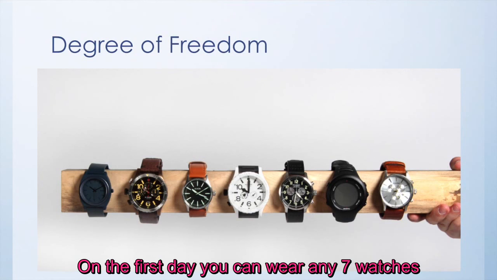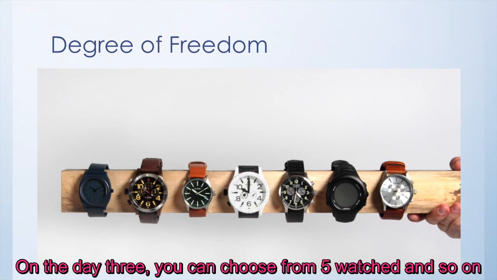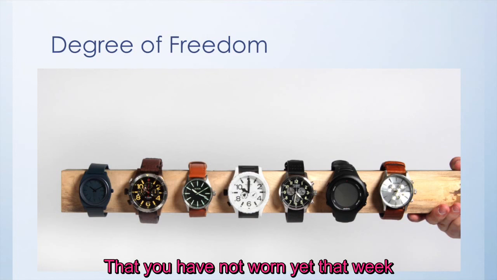On the first day, you can wear any of the 7 watches. On the second day, you can choose from the 6 remaining watches. On day 3, you can choose from 5 watches, and so on. When day 6 rolls around, you still have a choice between 2 watches that you haven't worn yet that week.